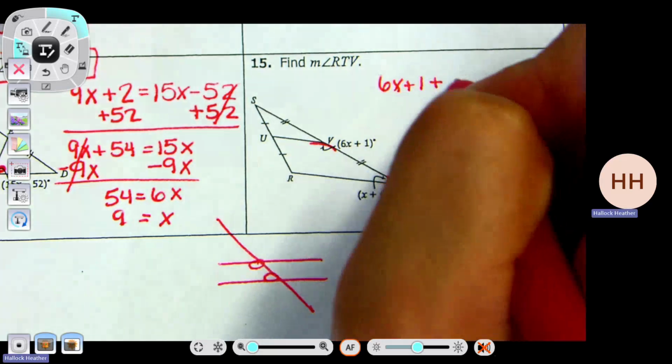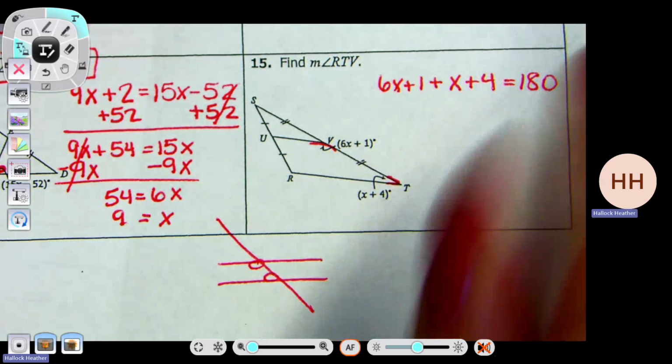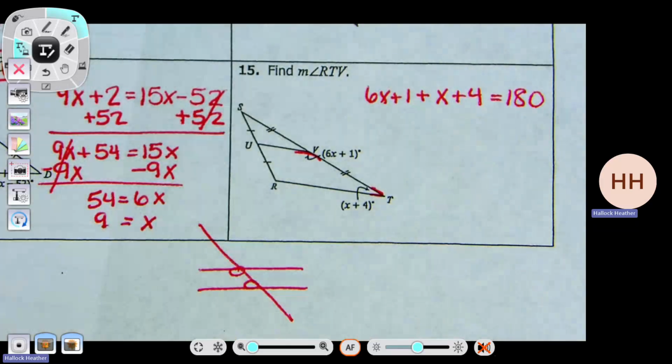So 6x plus 1 plus x plus 4 equals 180. So you will have to combine like terms. 6x and 1x makes 7x. 1 and 4 make 5.